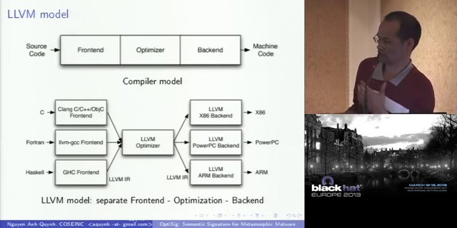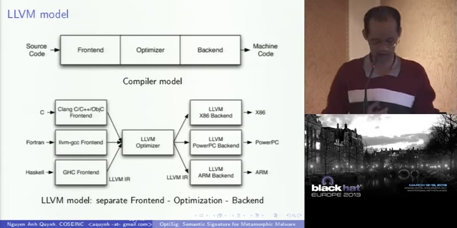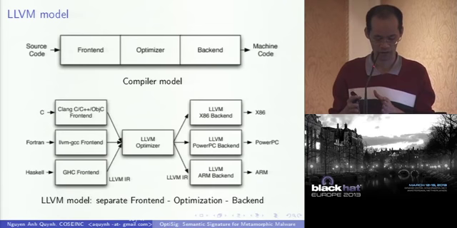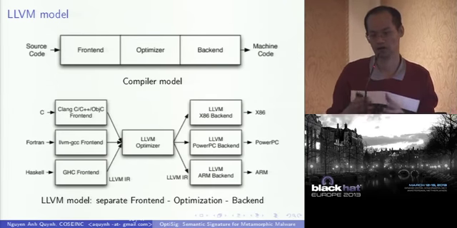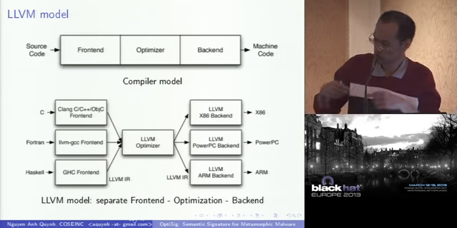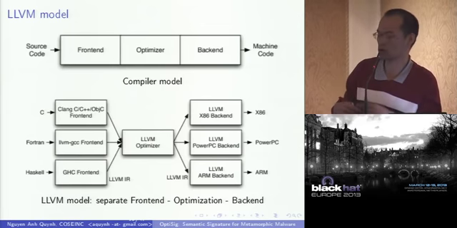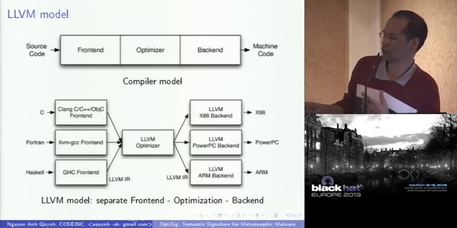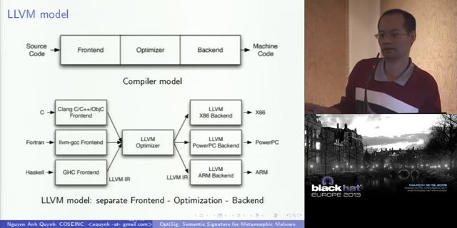It's important that they separate the front end, optimization, and backend. The idea of why LLVM is very useful is that they introduce very clean and separate components which can be reused. So imagine that if you want to write a new programming language, you just need to program your front end.